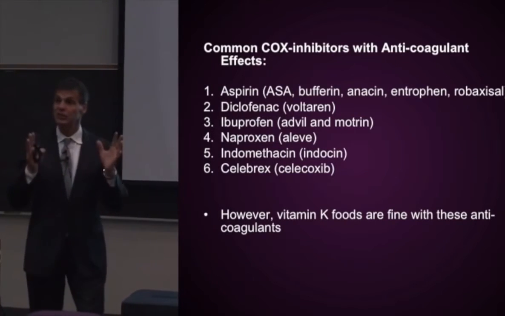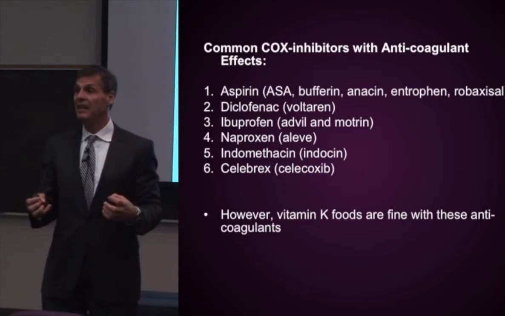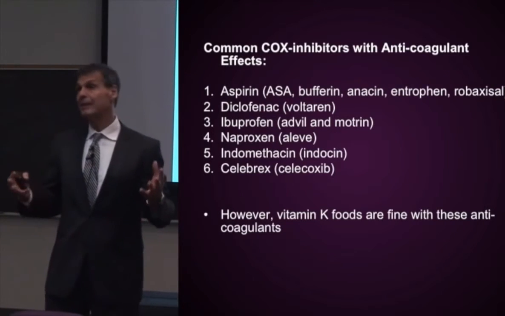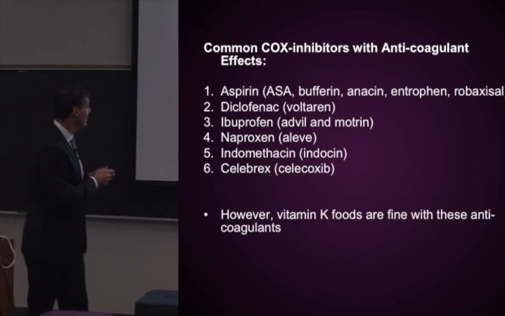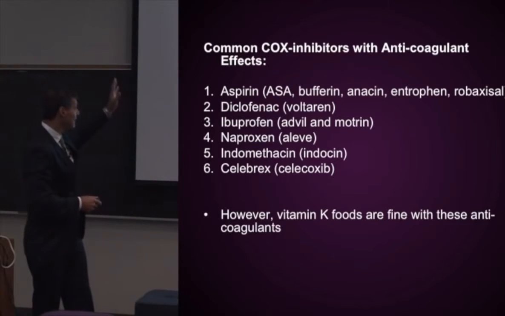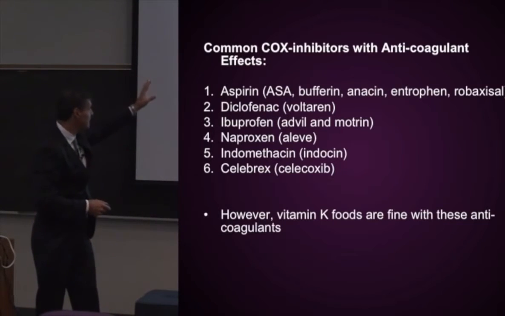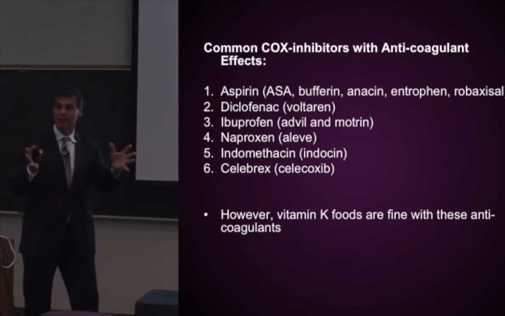I'm bringing these drugs to your attention because you're going to see patients that have pain and inflammation. There's a very good chance most of the patients you see are going to be on at least one of these drugs: Voltaren, indomethacin, different types of aspirin, Advil, Motrin. You see them up here.